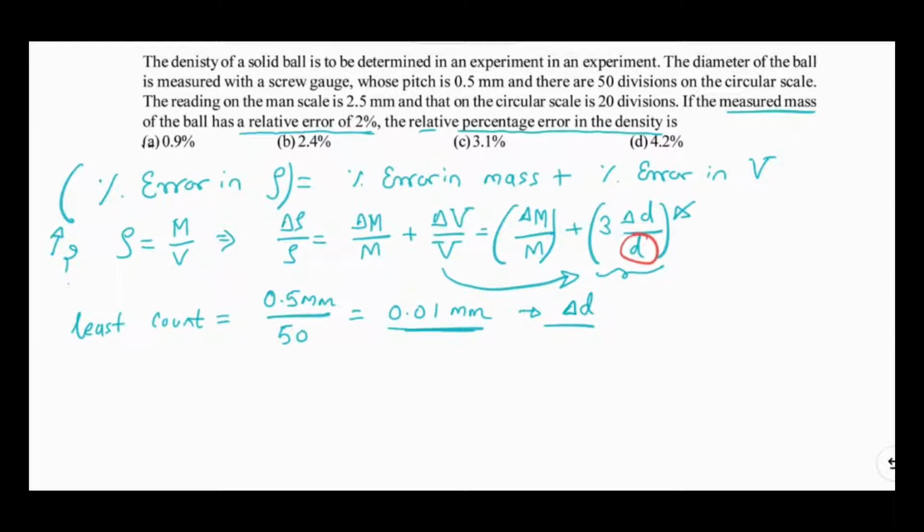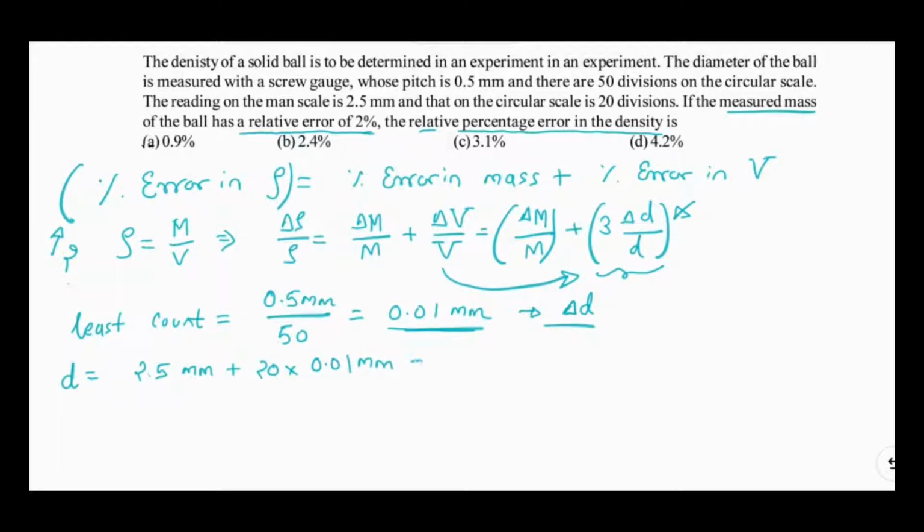But we also need to find the diameter to calculate this relative error. The reading of the main scale and the circular scale reading are given in the question, so we can find the diameter. The total reading is the main scale reading, 2.5 mm, plus the circular scale reading, 20 divisions, times the least count 0.01.